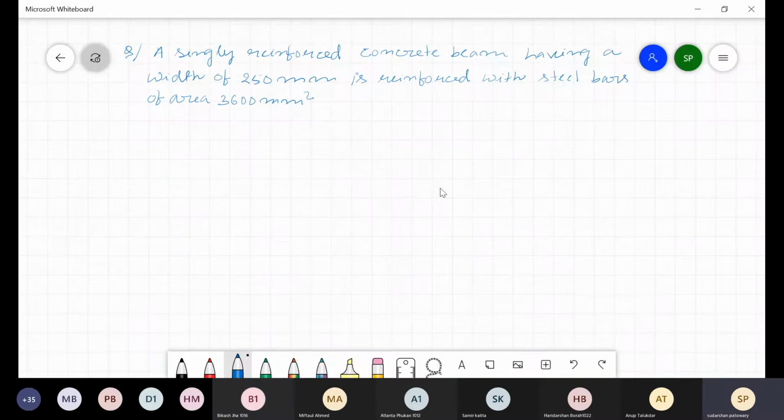That means, see here in this problem, your width of the beam is given, your reinforcement is given, at an effective depth of 400 mm.